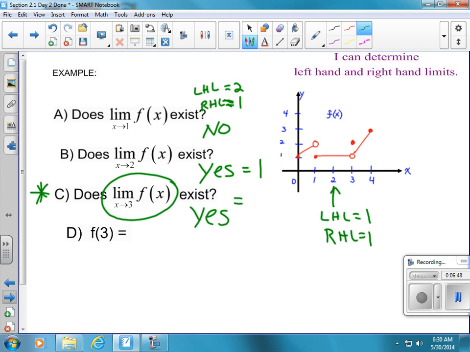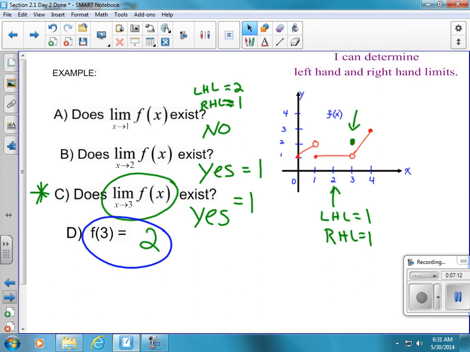Yes, and the limit equals 1. Then it asks what is the value of the function at 3. Even though the limit at 3 is 1, the value of the function is this point up here, y equals 2. So the value of the function at 3 is y equals 2. That'll come into play when we look at continuity.